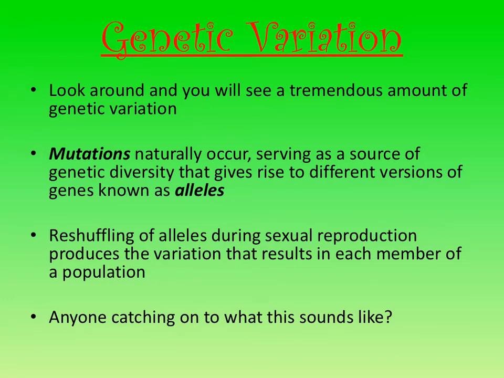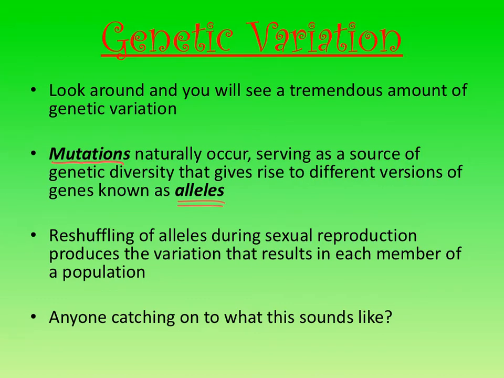While mutations, which we'll talk about much more in the future, are really important, and these are natural. Mutations are not always bad, right? They happen naturally. These are ultimately the source of genetic variation, right? Mutations are the source of genetic diversity. It's why we all have different versions of genes known as alleles. I hope that word sounds familiar to you.